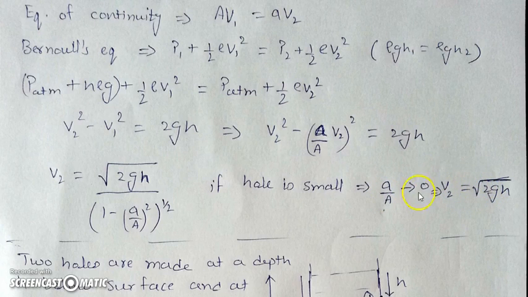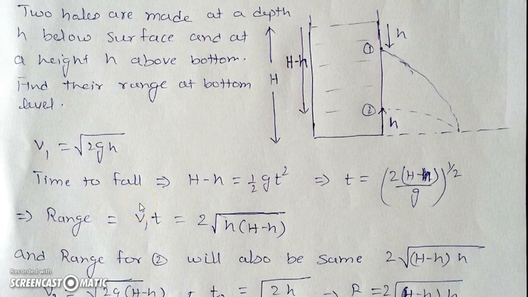This is an important result, and should be memorized very carefully. One of the most famous cases of velocity of efflux is one in which two holes are made, one at a depth h below the surface of water, and another at a height h above the bottom, and they will have the same range.